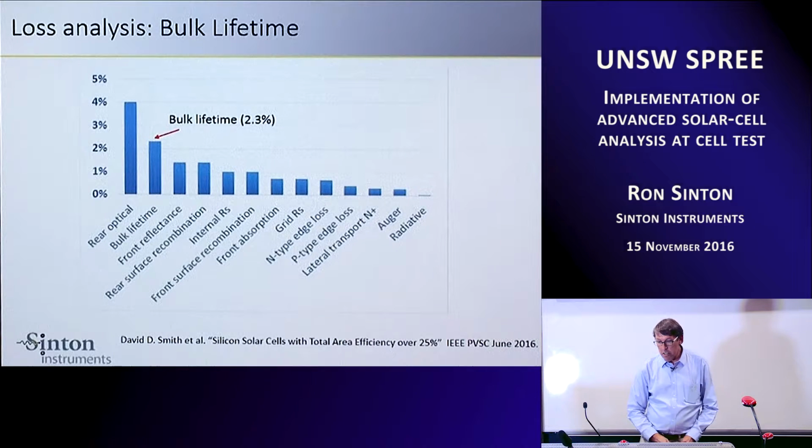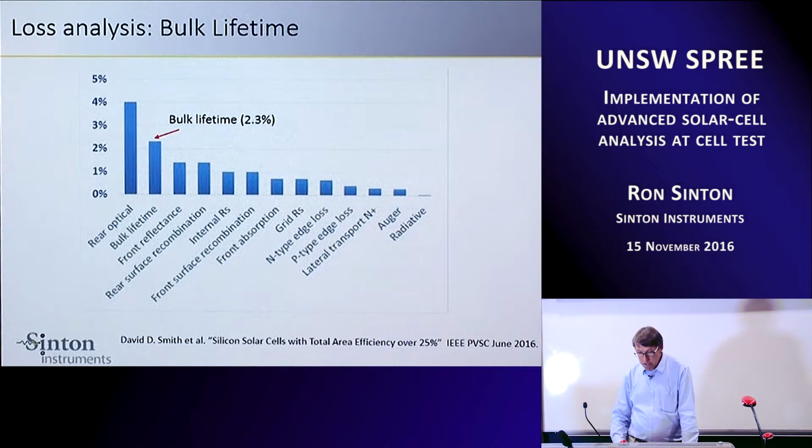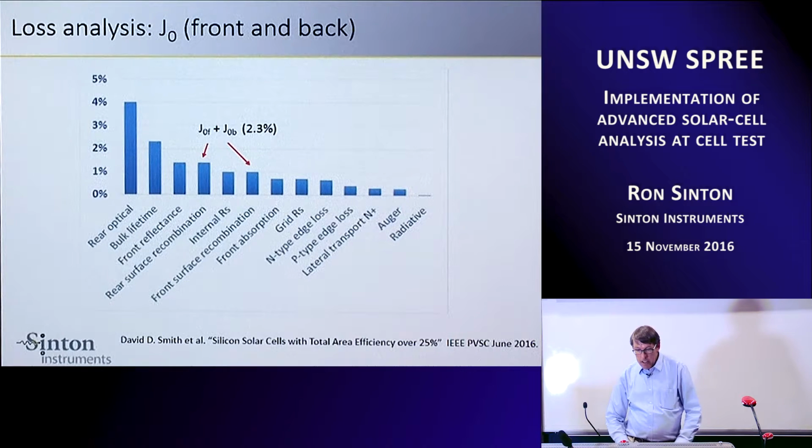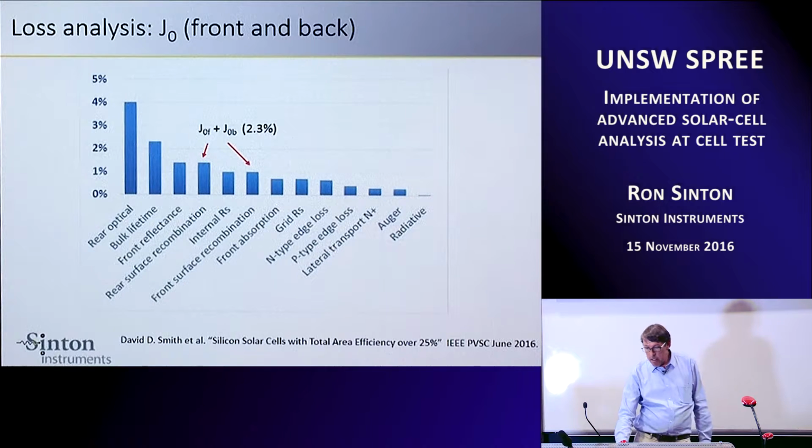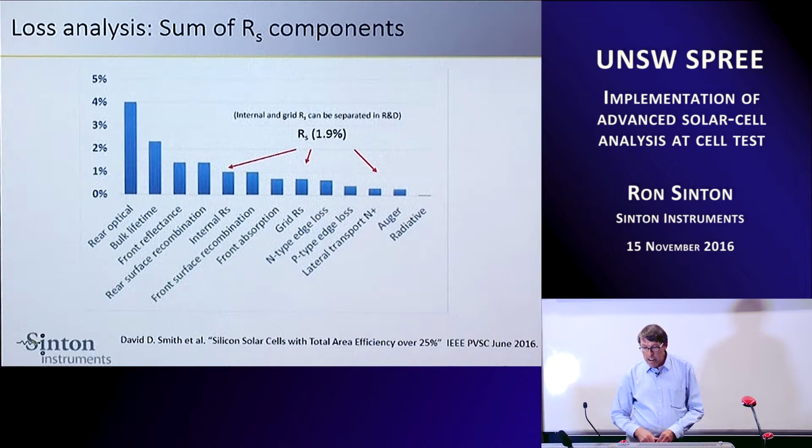So first, bulk lifetime comes right out of the analysis. It's a parameter that's reported. You report the sum of the J0 of the front and the back. The RS that is reported from the tester is actually the sum of internal RS, grid RS, and lateral transport losses, kind of 2D, 3D effects.